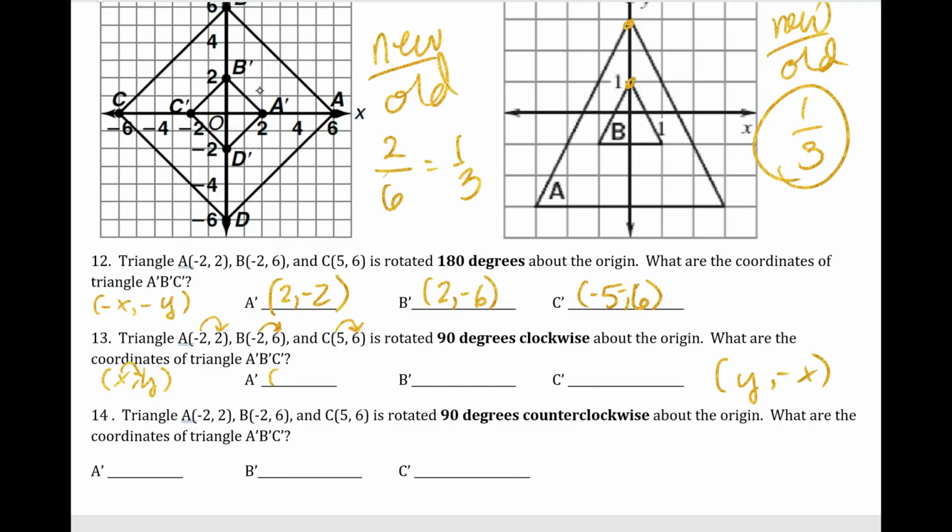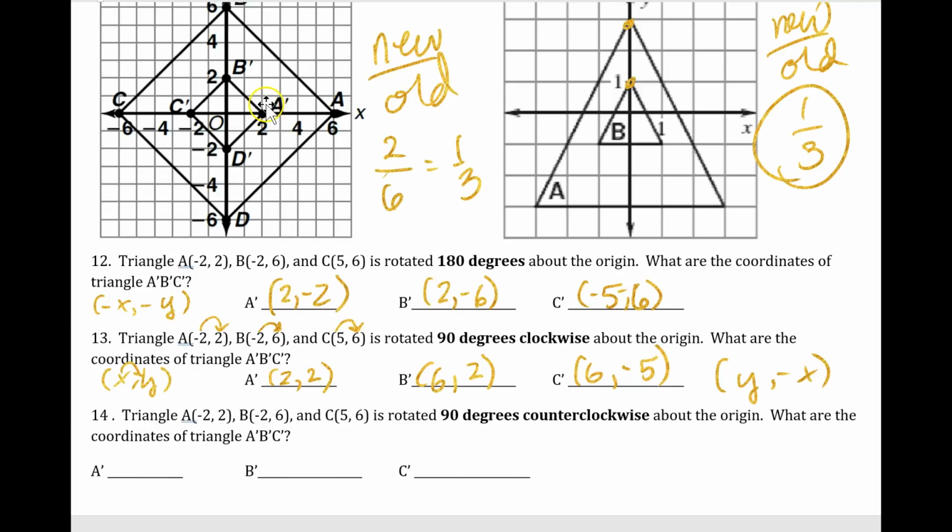So this says put the Y in the front. Change the sign of the X and put it to the back. Put the Y in the front. Change the sign of the X and put it to the back.